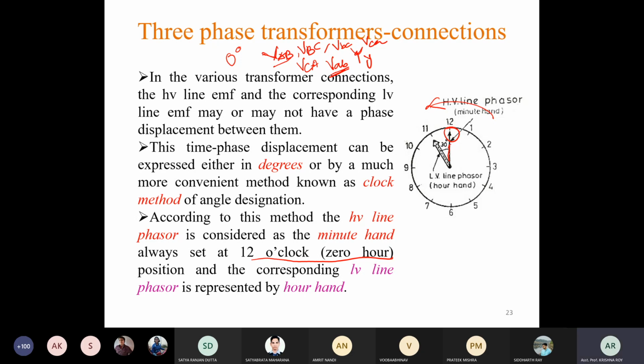So if this is the reference line, the low voltage line phasor is 30° ahead of the high voltage line phasor.